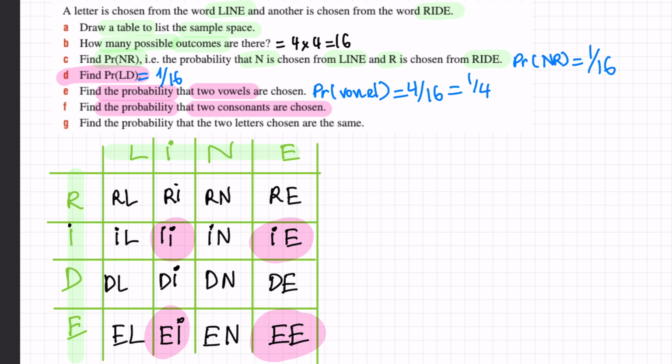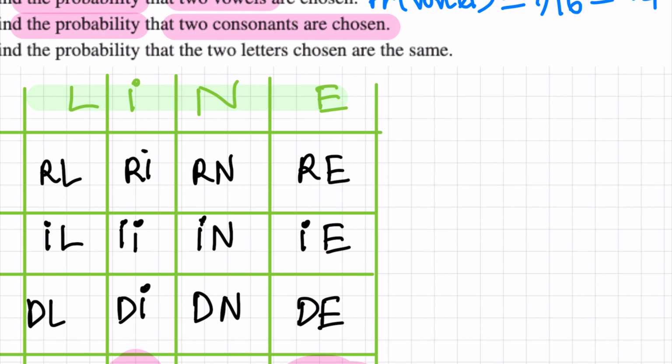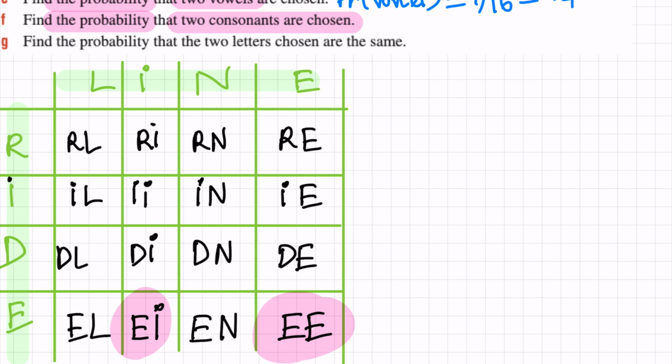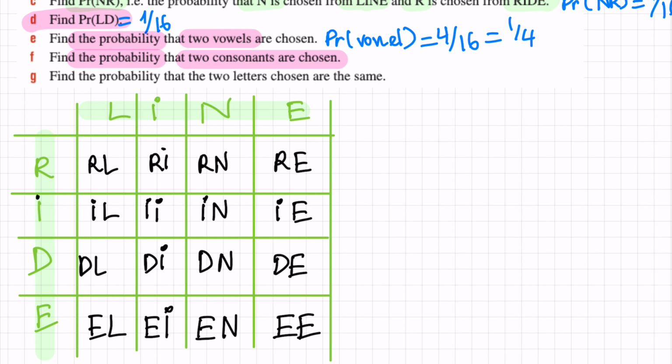F, find the probability that 2 consonants are chosen. Now let's count again. Someone might say that the probability of 2 consonants is 1 take away the probability of vowels. No, because we have the combination of 1 vowel, 1 consonant, so it doesn't work that way. 2 consonants.